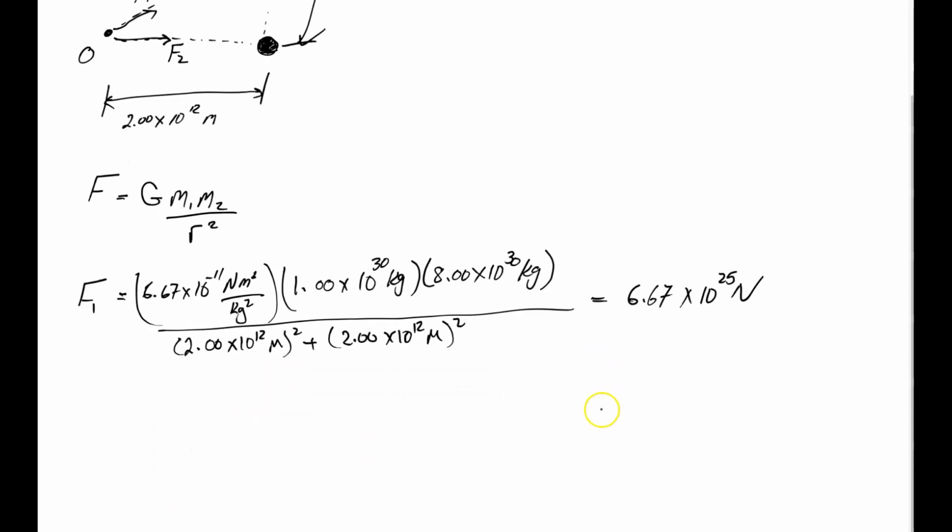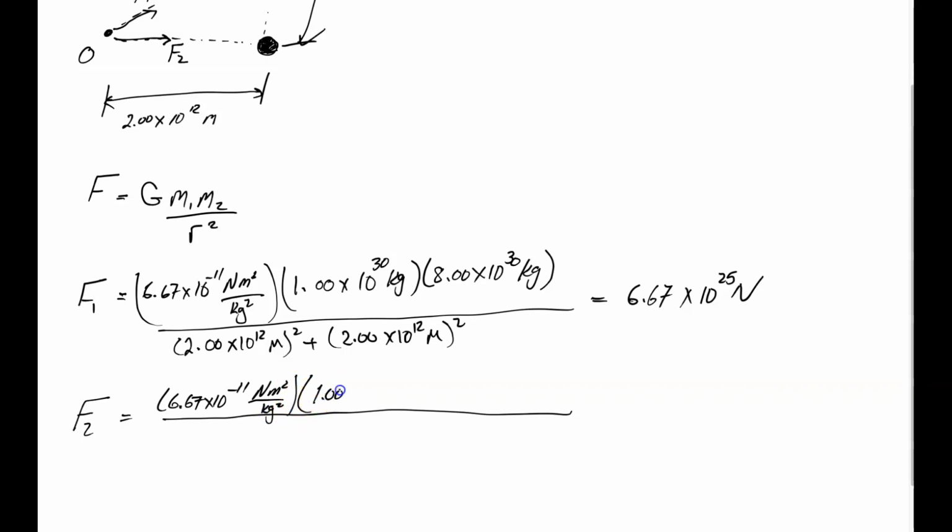Similarly, if we use the equation for F2, we will have similar numbers on the top. It's still G, which is 6.67 times 10 to the minus 11 Newton meter squared per kilogram squared. The mass at O is 1.00 times 10 to the 30th kilograms.